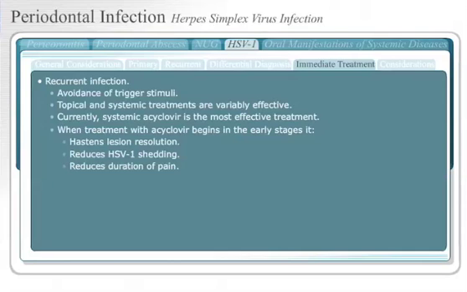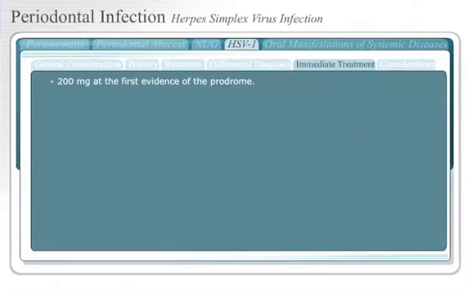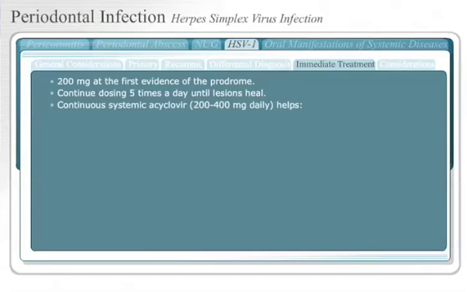The recommended dose is 200 milligrams at the first evidence of the prodrome and continued dosing 5 times per day until lesions heal. Continuous systemic administration of acyclovir also has been shown to help prevent recurrences in patients with frequent episodes.